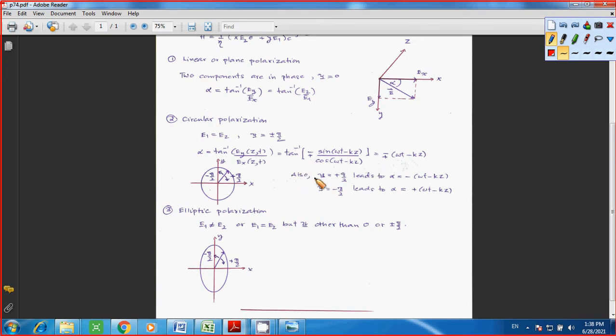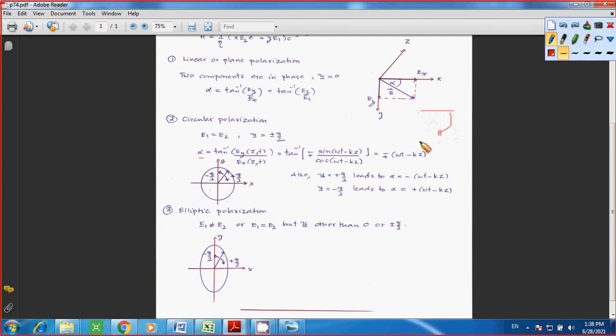This one I just want to point out that if your psi equal to plus pi over 2, this leads to alpha being negative (omega t minus kz). So that means this one rotates in CW, or clockwise, because you know that the angle becomes negative, right?